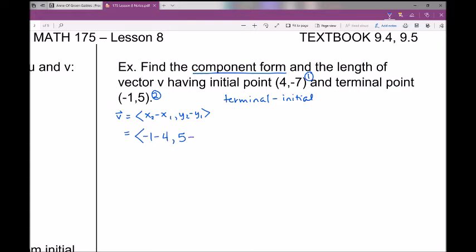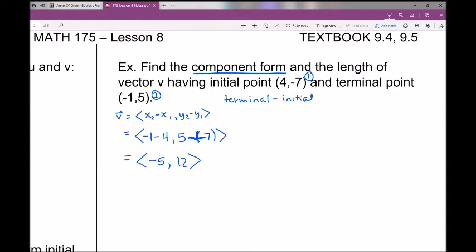So we end up with 5 minus -7. And so all we need to do to get our component form is just simplify this. So -1 minus 4 is -5, and 5 minus a -7 is 5 plus 7, which is 12. So our vector in component form is <-5, 12> in the triangular brackets.